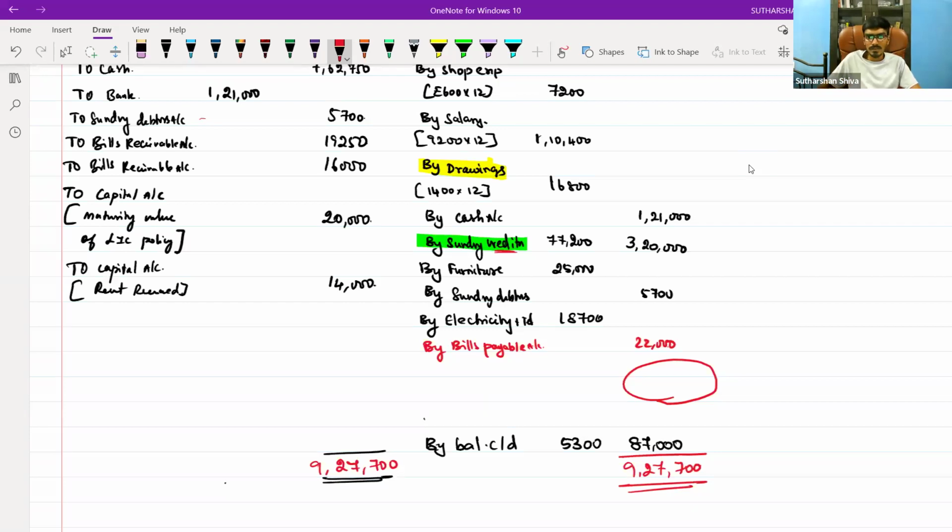You will end up with 3,72,000. This 3,72,000 should be interpreted as 3,50,000 for my building, and 22,000 is some expense. So the balance on the credit side means the building was purchased through the bank account.